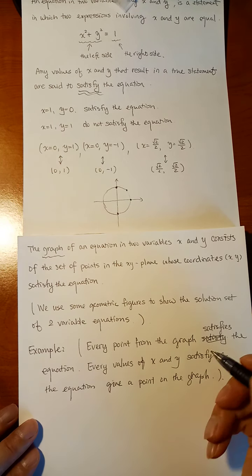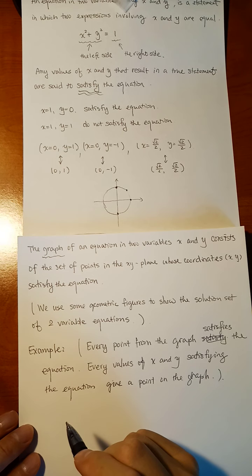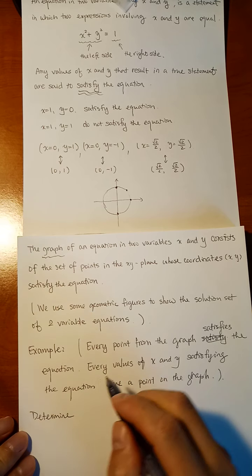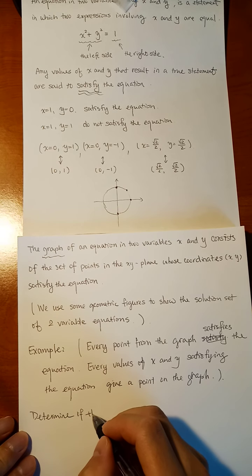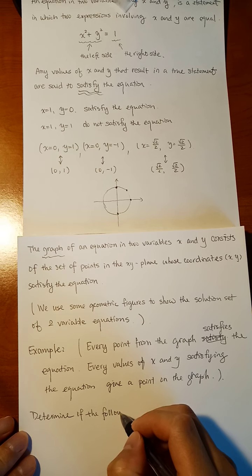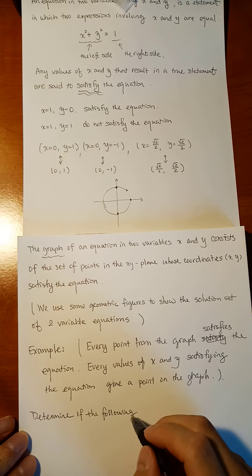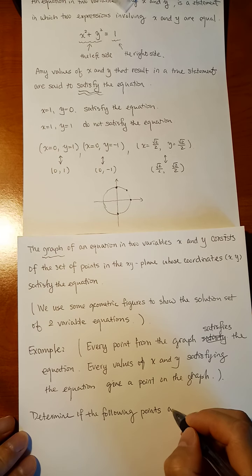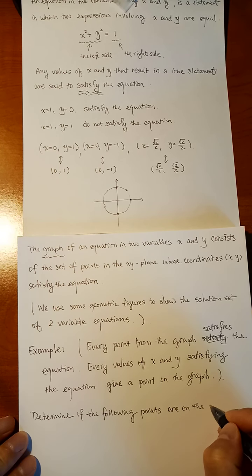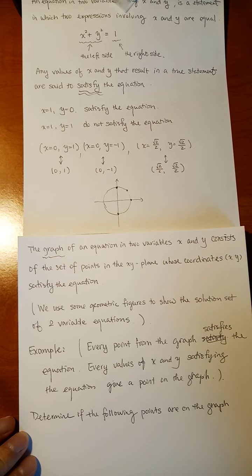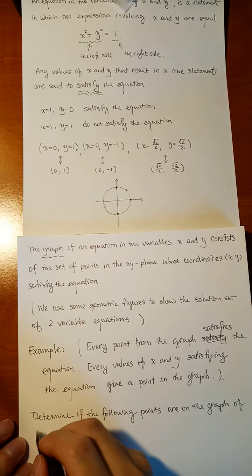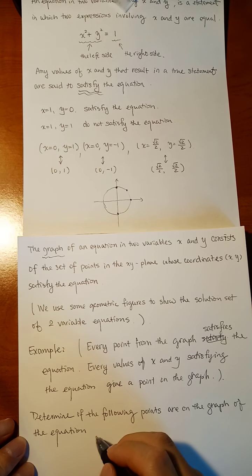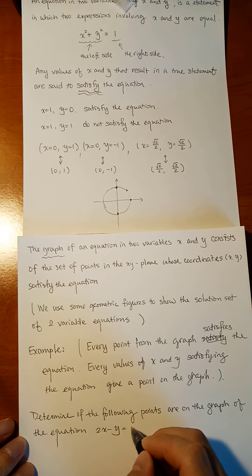Now let's see the example. Determine if the following points are on the graph of the equation 2x minus y equal to 6.